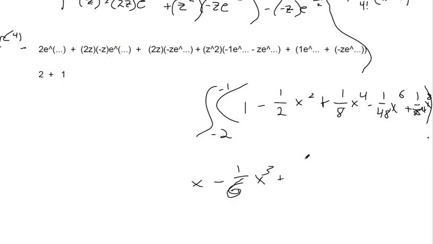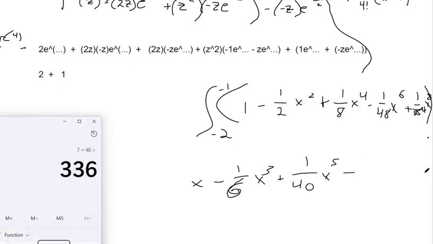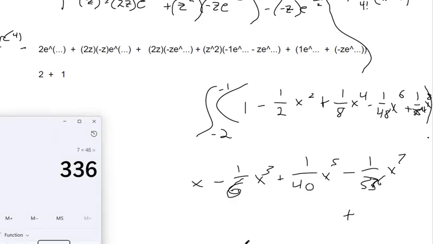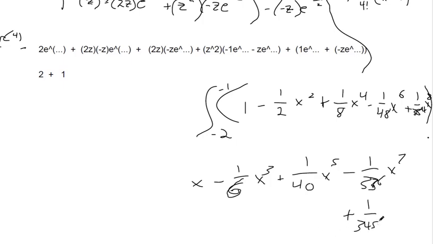And then this is going to be 5, so that's 40 x to the fifth, and then we got 7 times 48, that's 1 over 336 x to the seventh, and then the last term, I'm going to put it down here, that's 9 times 384, so that's 1 over 3456. That's funny. 3456. And then now you got to plug in the limits of integration, -2 to -1.